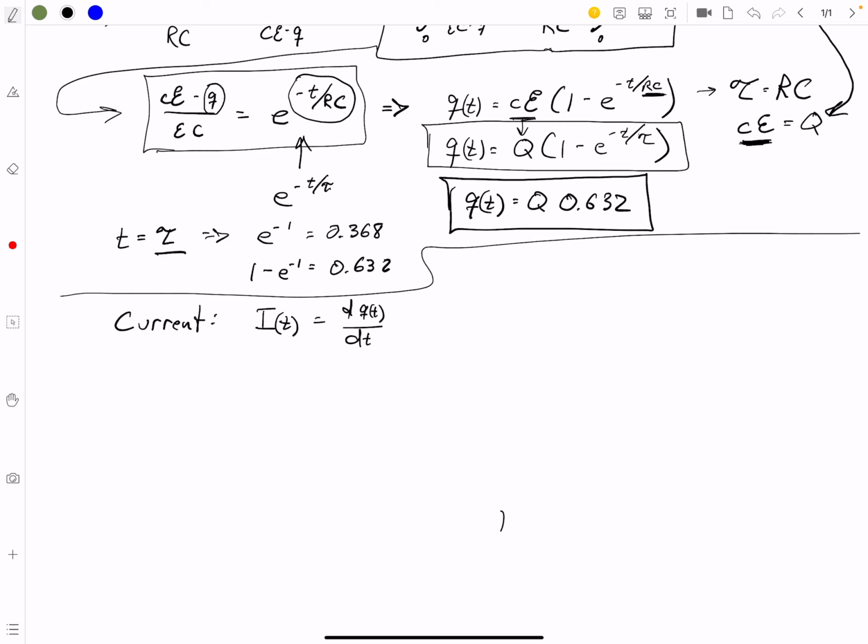So we can take the derivative of q with respect to t. Cake, it's not difficult at all. And you end up with E over R e to the minus t over tau.